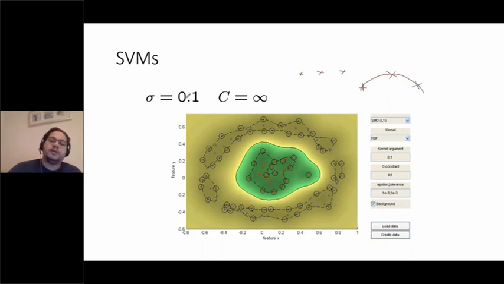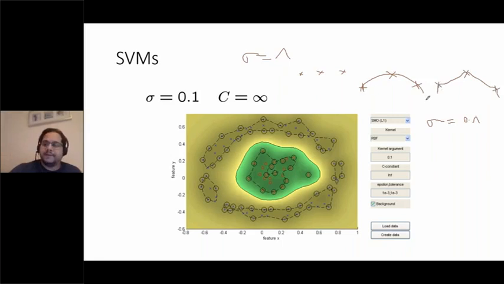This is a high sigma, sigma equals 1. But if we put, for example, sigma equals 0.1, we can get something like that in the higher space. First point, second point, and third point.